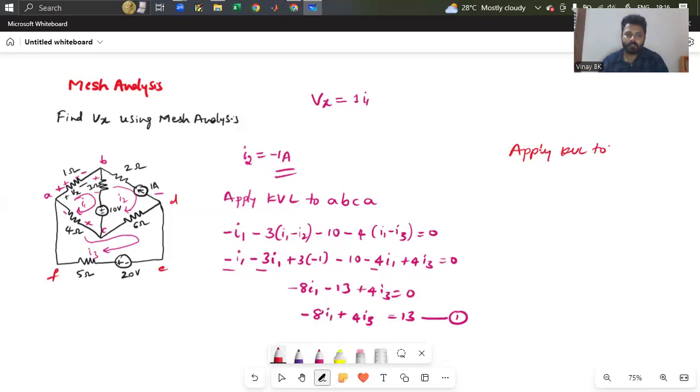You can see this, A to C, C to D, D to E, E to F, F to A. A to C, current is flowing from plus to minus, that is minus 4 into (I3 minus I1). Similarly, you can see here plus to minus, minus 6 into (I3 minus I2). Similarly, plus 20.